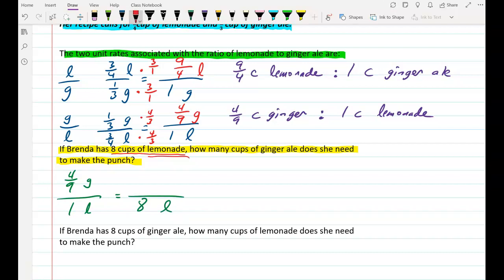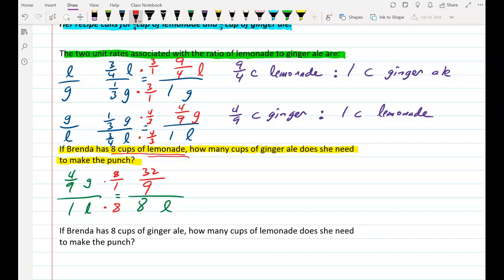So now how do I take 1 and make it 8? Well, I multiply 1 times 8, and I do the same thing up top, 8. But it's got to be a fraction because I'm looking at a fraction. 4 times 8 is 32. 9 times 1 is 9. 32/9. Okay, well, that's all well and good.